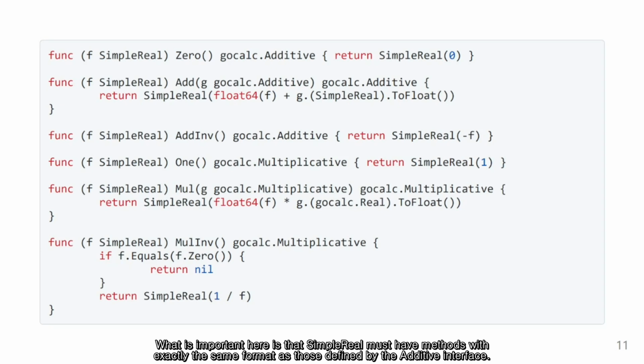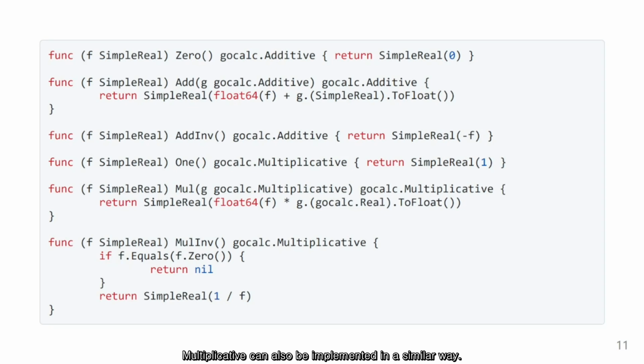What is important here is that simple real must have methods with exactly the same format as those defined by the additive interface. In other words, the input and output types should refer to the additive type defined by the GoCloud package, which is the root package. So the prefix is added in this way.